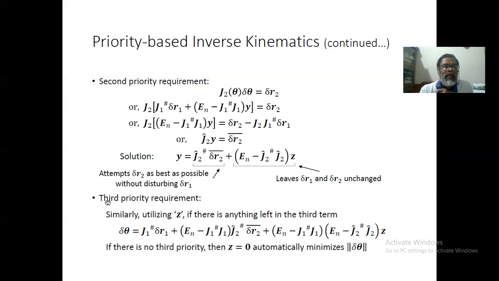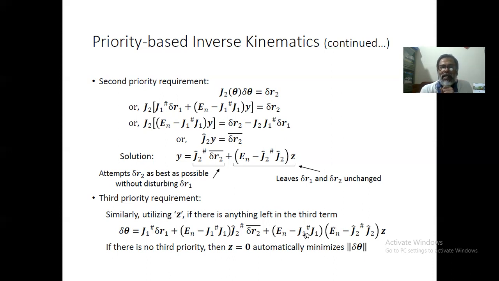How? You see, the third priority requirement, for that you can similarly do from here to here that much of a little bit of analysis and get delta theta equal to this, where you put y as this, and then you get this to satisfy the first priority, this to satisfy the second priority, and this to satisfy the later priorities.